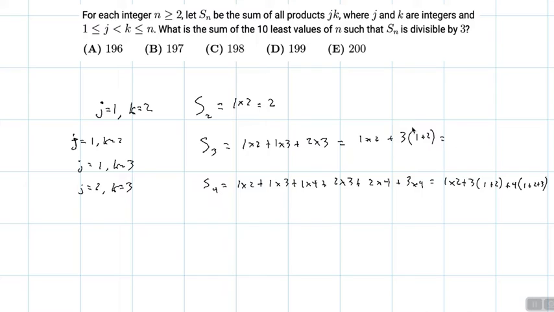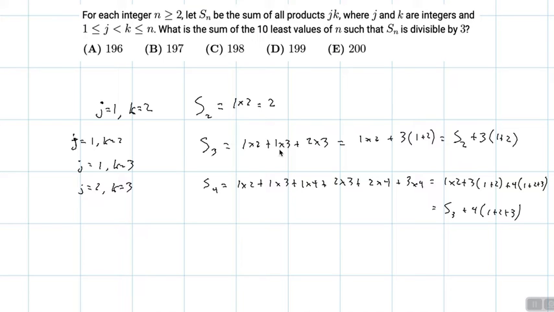And we can generalize this. 1 times 2 is just S sub 2. So this is S sub 2 plus 3 times (1 plus 2). And this is all S sub 3. So this is S sub 3 plus 4 times (1 plus 2 plus 3).